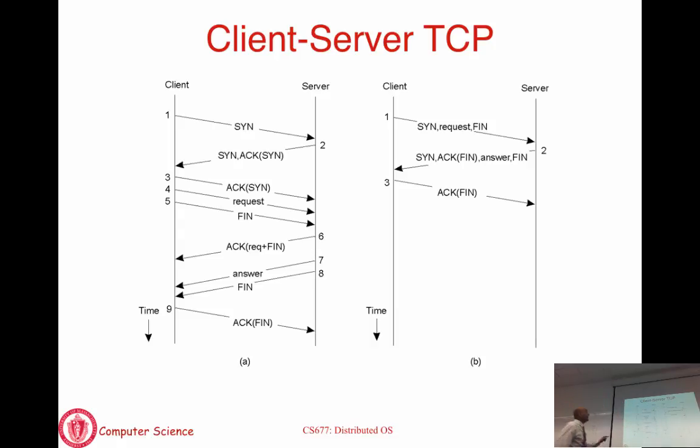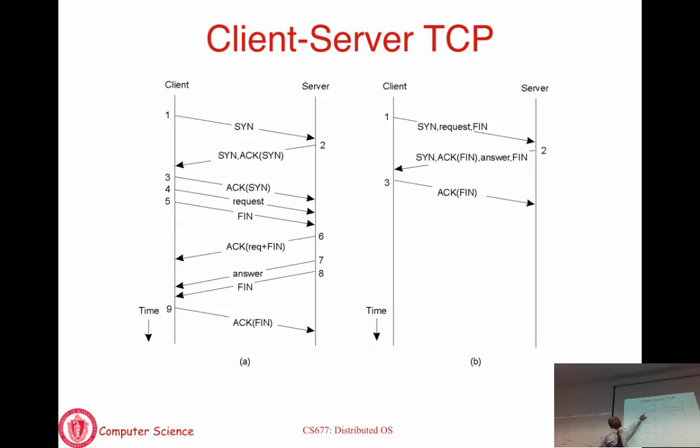And then the server is going to send an acknowledgement packet saying, yes, I received your packet, and it's going to send a SYN in the other direction. Because the connection is duplex, bidirectional, you need to set up 2 unidirectional connections in order for the communication to take place. So the reverse SYN tells the client that the server wants to set up a connection with it in the reverse direction so that packets can go in both directions.